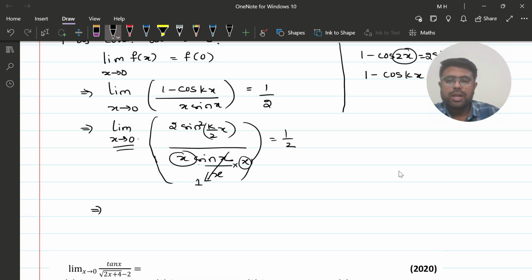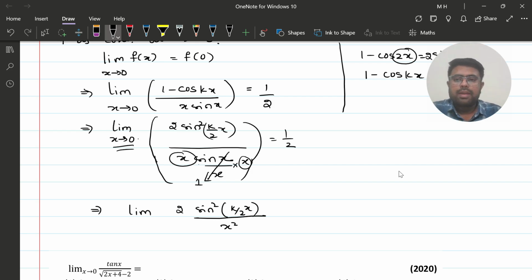So in the next step, what I'm going to get is the limit of 2 sine square k by 2x divided by x square. Now I will write down this sine square k by 2x as sine k by 2x sine k by 2x, and this x square as x into x.